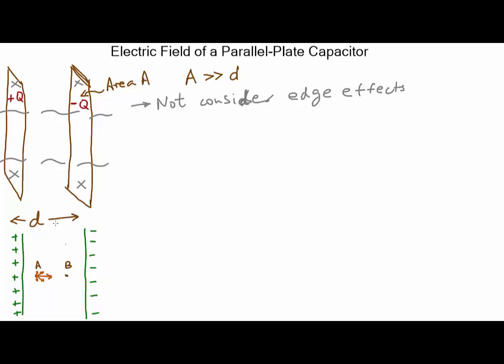And this is where the edge effects become relevant. We took a point in the center so that we don't worry about what happens at the edges. If the dimensions of the plates are in reality much bigger than the distance between them, which is how they would be, any point that I take will have roughly an equal number of charges above it as below it. And so it would have electric fields that point like that.